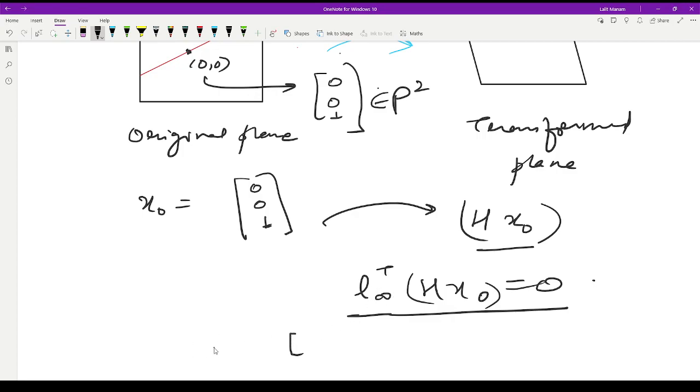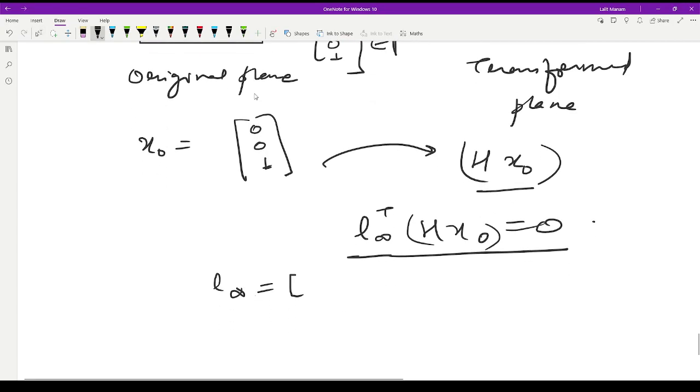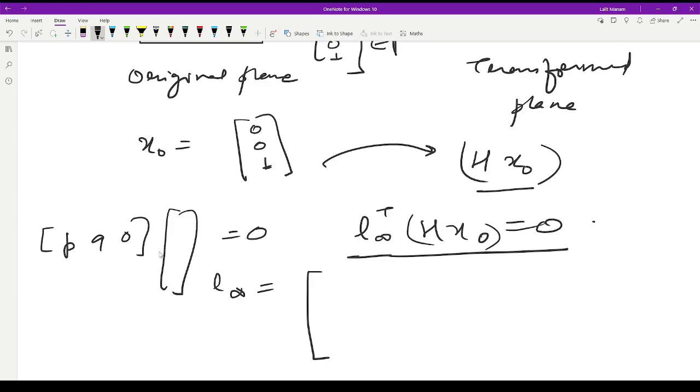How does the line at infinity look? How is it represented? The ideal points are those satisfying p, q, 0.